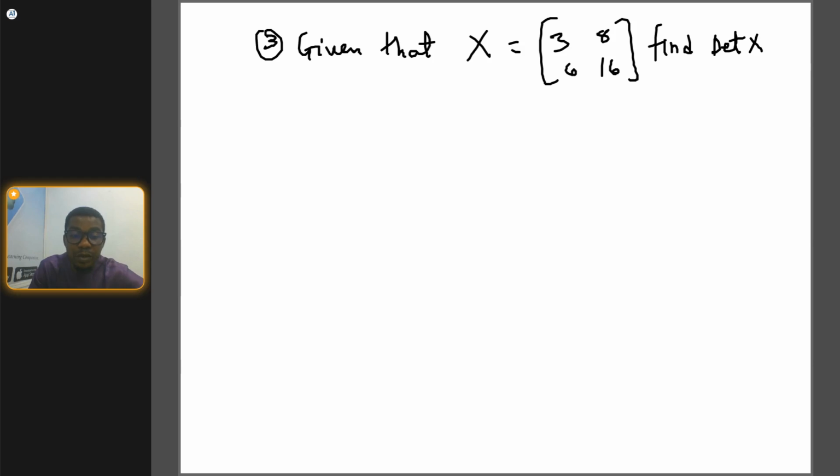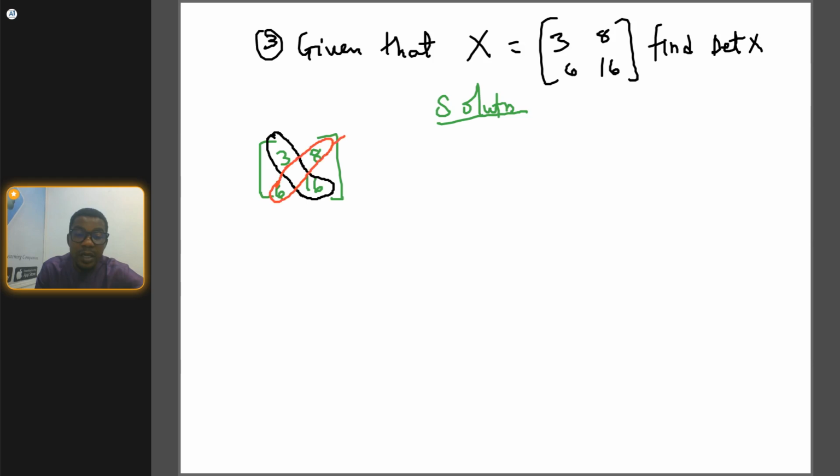Still the same procedure. You need to identify the major diagonal and the minor diagonal. We have 3, 8, 6, 16. The major diagonal is 3 and 16, while the minor diagonal is 6 and 8.